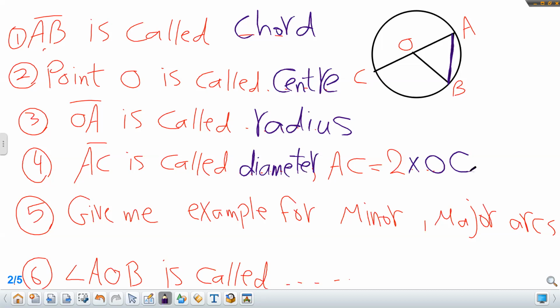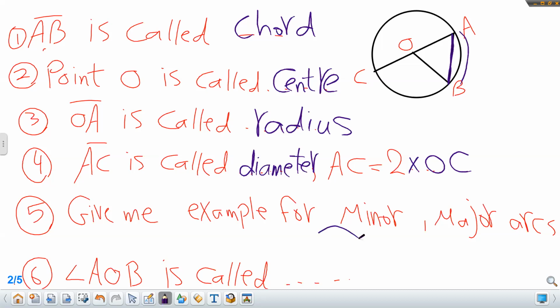Okay, number five. Give me an example for minor and major arc. What is the difference between minor and major? A minor arc is an arc of measure less than 180, but a major arc is bigger than 180. So we can give an example for minor, for example arc AB, for example BC, and so on.